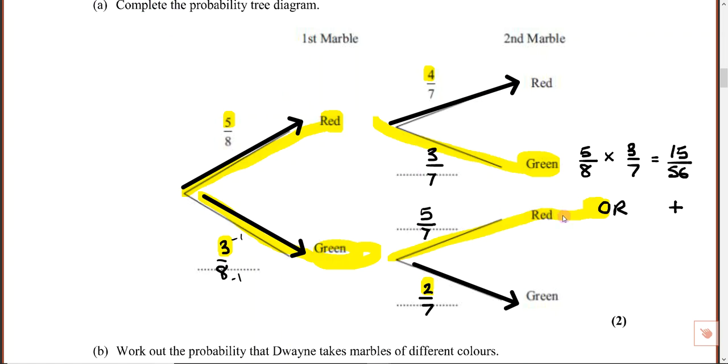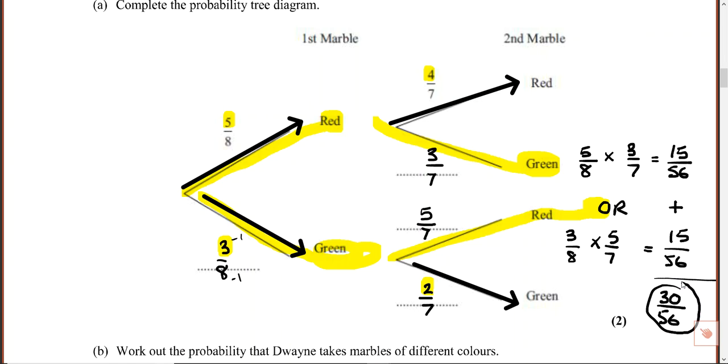So the probability for this would be the same thing. 3 eighths multiplied by 5 sevenths. Now you will notice that that is the exact same thing, the same answer. Okay. So I've got that or that. I add them together and I get the answer 30 out of 56. 30 from 56. Okay.